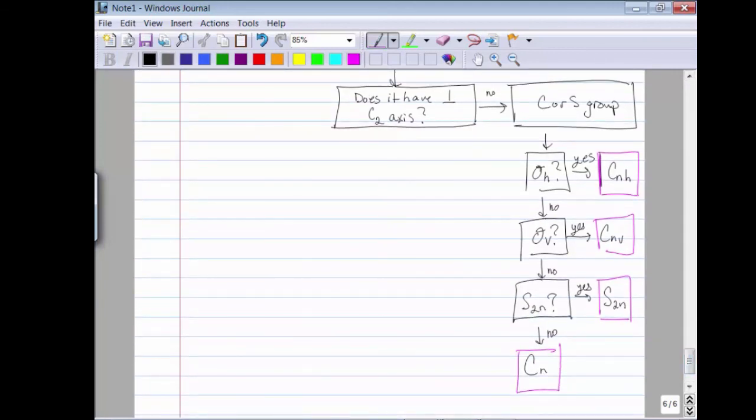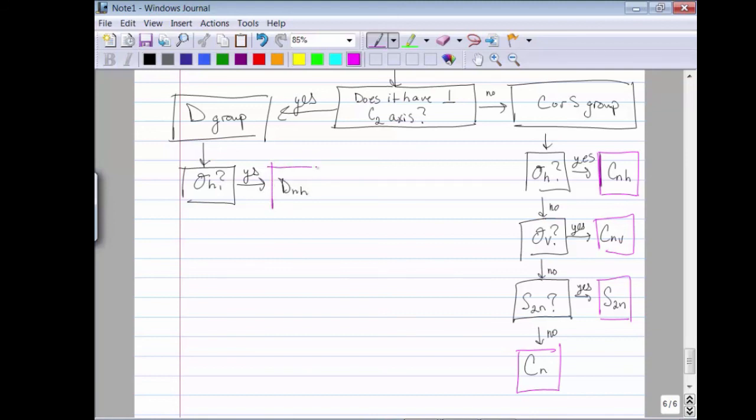So go back up to this part that says, does it have a perpendicular C2 axis? If your answer was yes, it does, then you're in a D group or a dihedral group. And the next thing you need to ask, again, it follows the same process as the C groups. Does it have a sigma h? If it does, then you're in Dnh. If not, you look for sigma d.